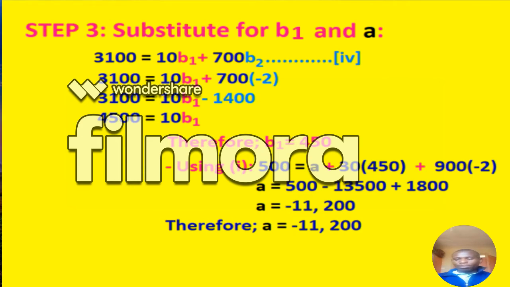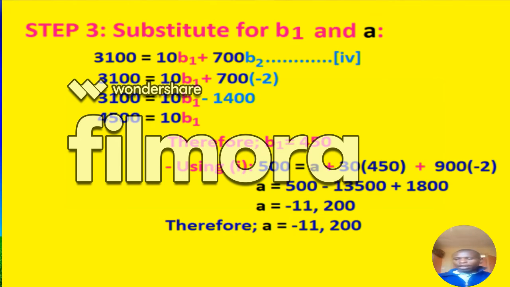We have already gotten b2, so pick any of the equations and substitute. According to equation 4, 3,100 equals 10b1 plus 700b2.